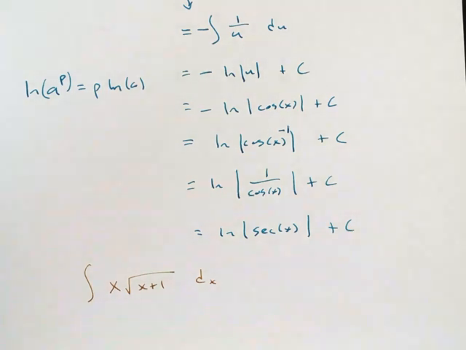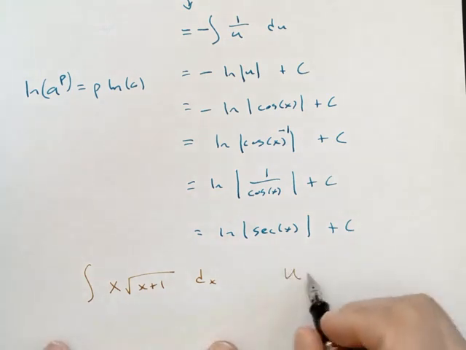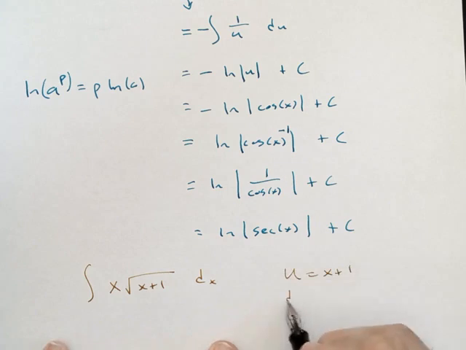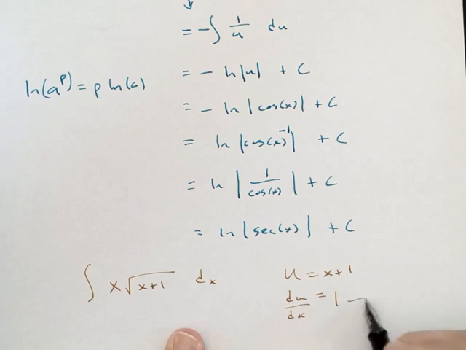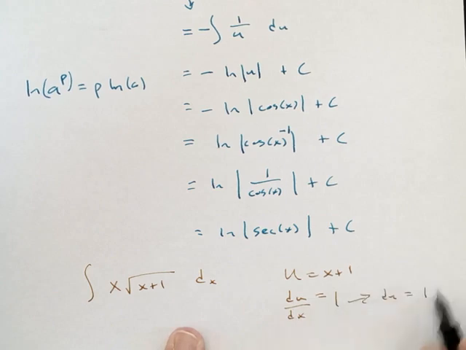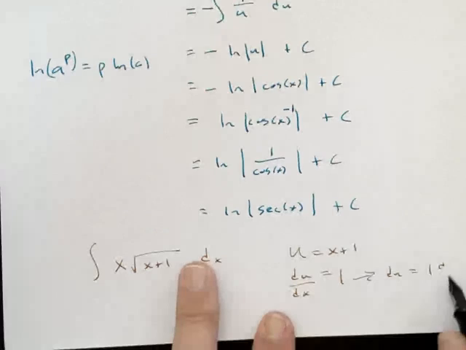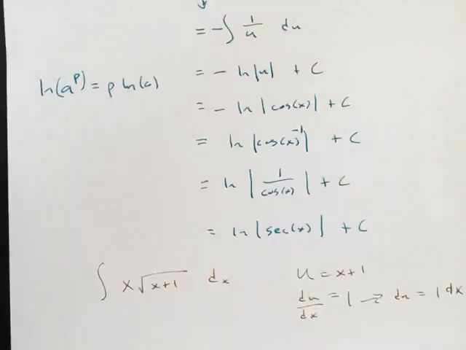Okay, so if I make that my assumed u substitution, we're going to let u equal x plus 1, then what's du? That's du dx. So du is just 1 dx, right? Well, that's going to take care of this and make it the square root of u. That's going to take care of this. What about that?